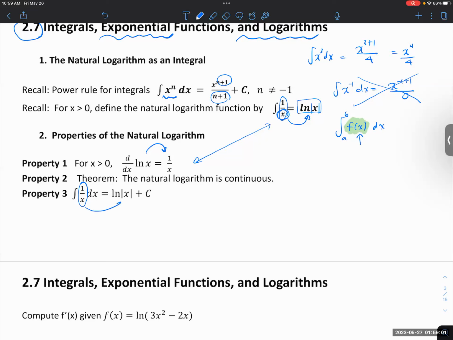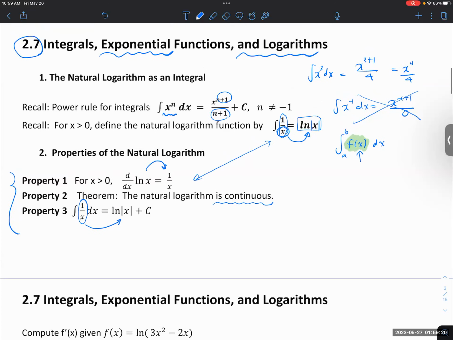That's the property we're going to utilize, and only for a continuous function can we take the integral or the differentiation. Just keep in mind those are 3 properties. I'm going to introduce more complicated forms of exponential and log, and then we're going to take the integral.